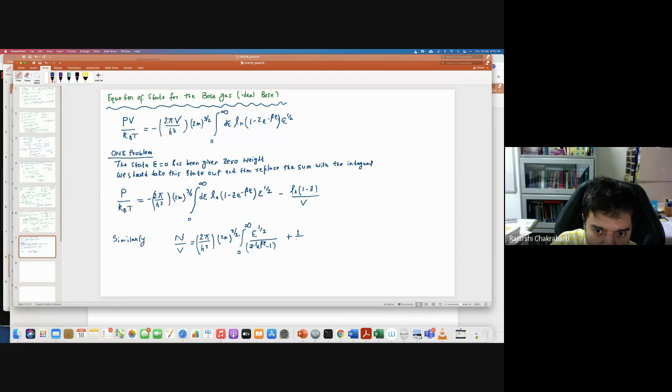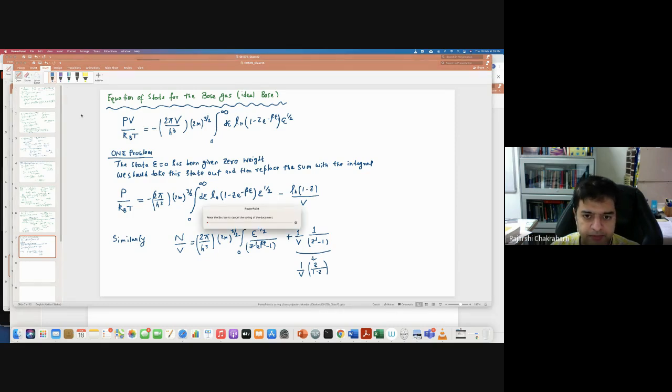I have to divide by volume, of course. What is that? It is going to be 1 by, you know this, z inverse minus 1. And what is this term? If I just manipulate this term, what I'm going to get? It is nothing but 1 by V, isn't it? So I have now these two terms here.